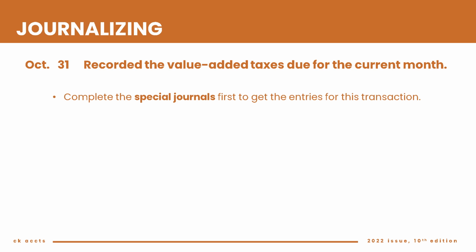Meaning to say, meron kasi tayo sa special journals na mga columns for output and input tax. Okay? And yung dalawang account na yon, they are important here in this record.